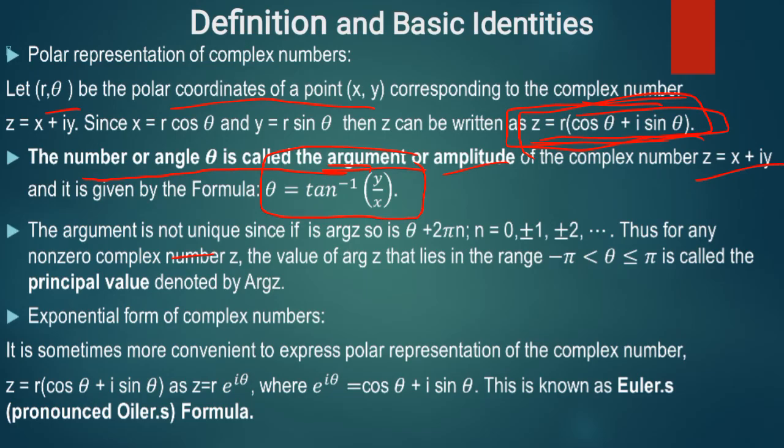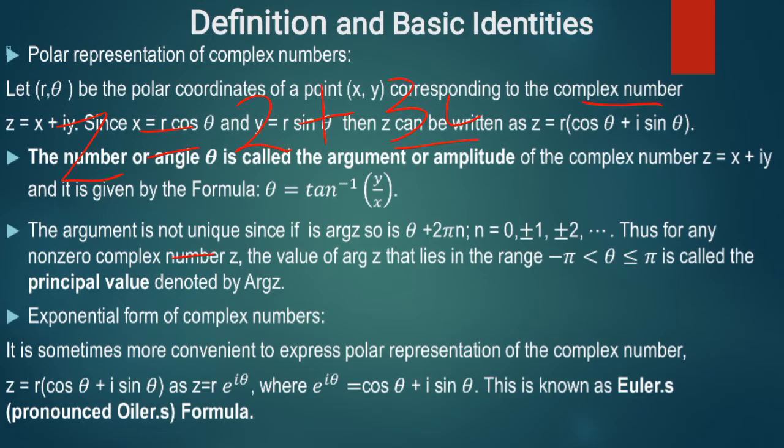Let me write that again so we know what tan is. You're told to find the argument of the complex number z equal to 2 plus 3i. Note, I've changed it.